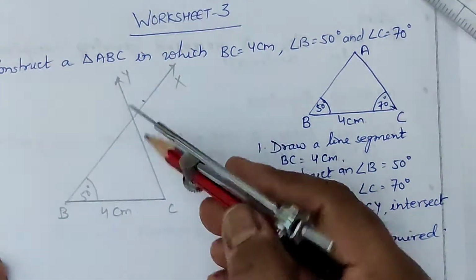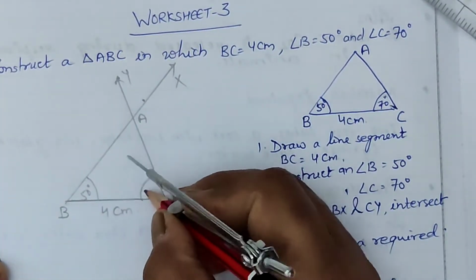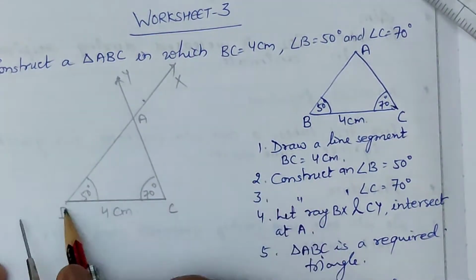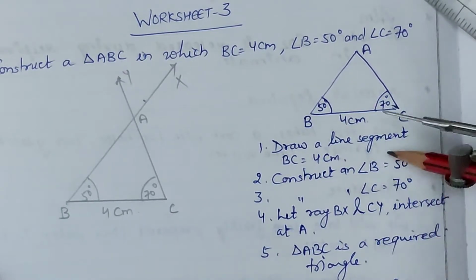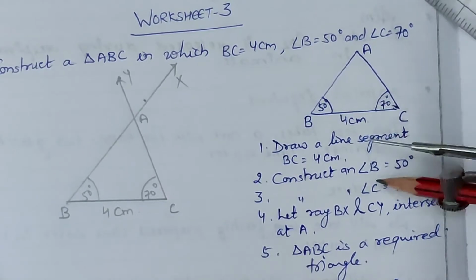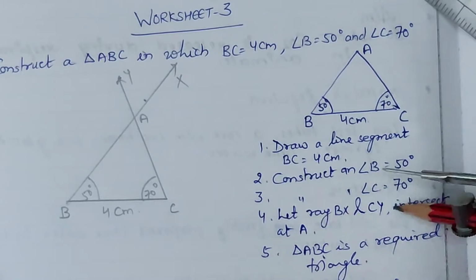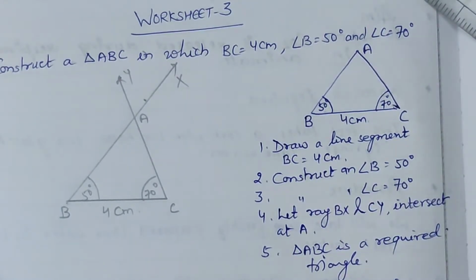BX and CY intersect at the point A. This angle equal to 70 degree. Okay, the triangle ABC is the required triangle. Very simple steps. You can write in each and every question like this. First, draw a line segment, then construct an angle from B this, C this, and intersect at the point, and triangle. Very simple.